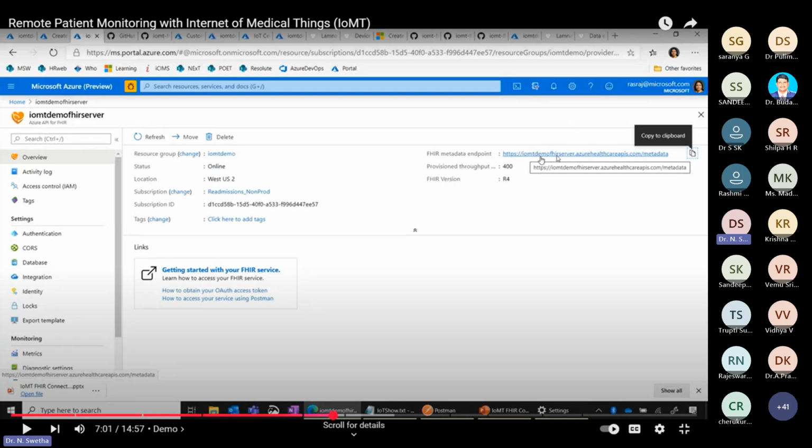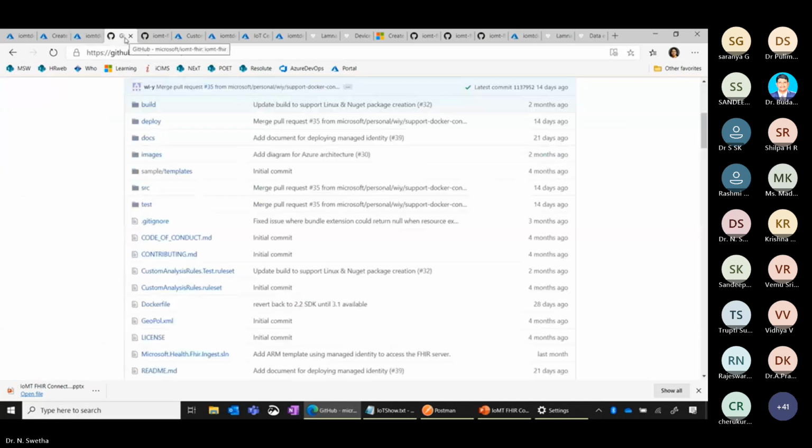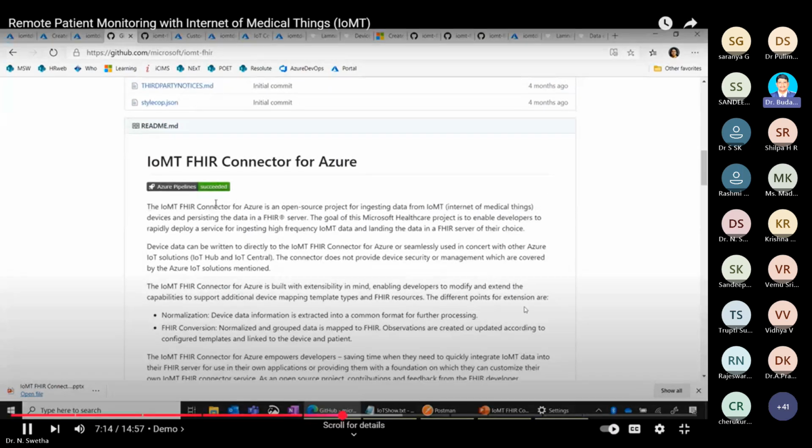Endpoint is the connection actually. When you type the endpoint, it will have the behavior of your model. This is the same page I have shown you, IoMT FHIR.